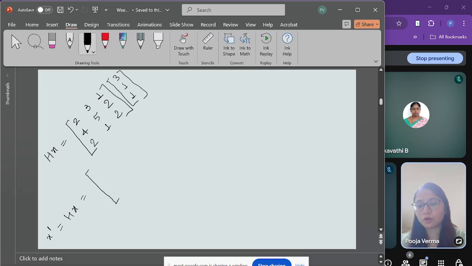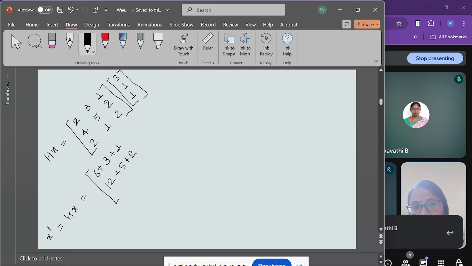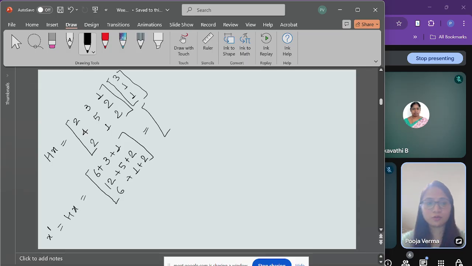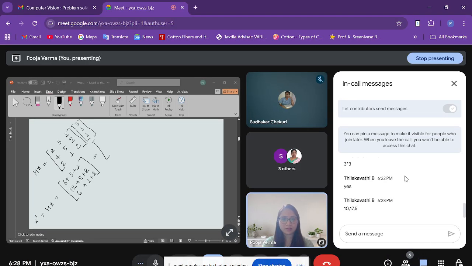The first row times this column gives the first row of the next matrix, right? So 6 plus 3 plus 1. Next, 12 plus 5 plus 2. Next, 6 plus 1 plus 2. What will be the values? I hope someone has calculated. Yeah, 10, 17.